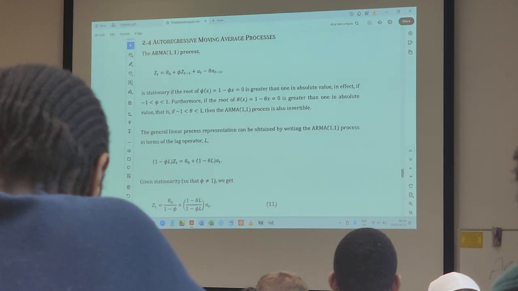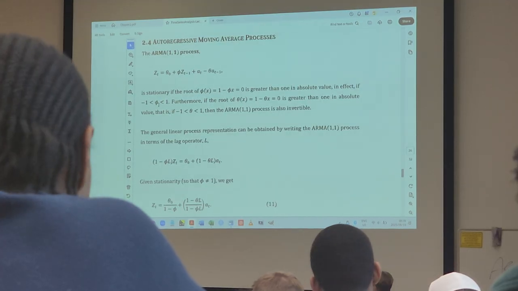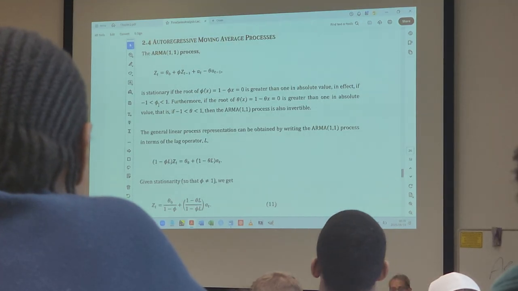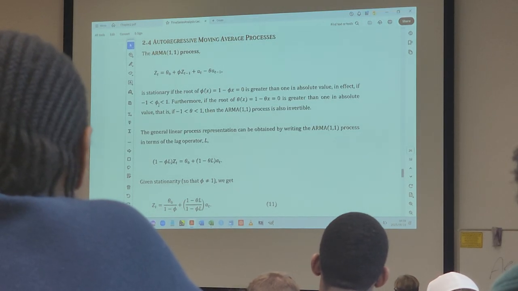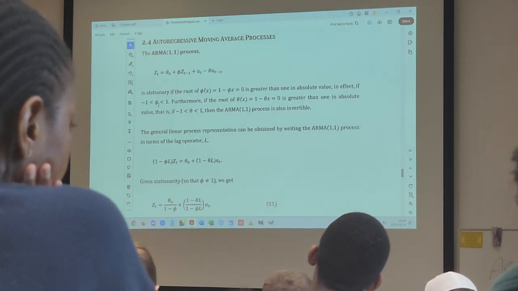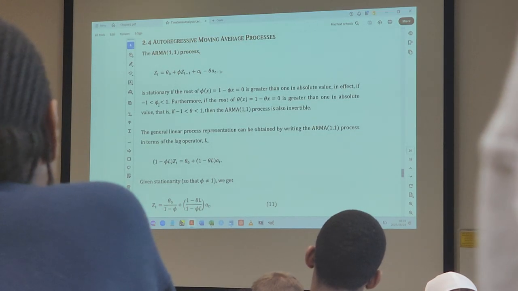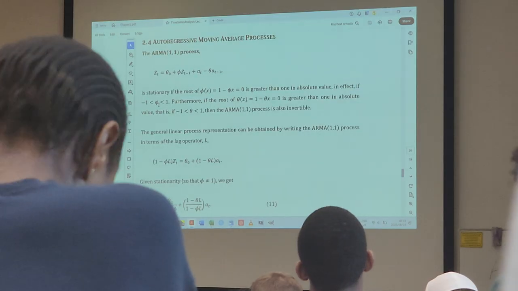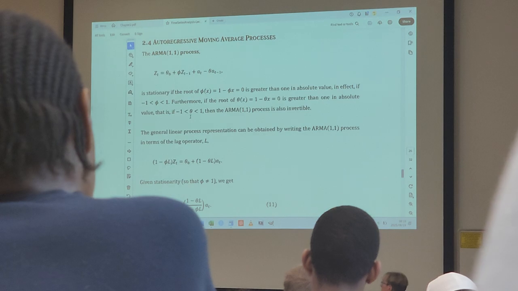For stationarity of an ARMA 1-1, phi needs to be restricted to between -1 and 1. That is the restriction for stationarity. And to have the ARMA 1-1 invertible, we restrict theta to between -1 and 1.